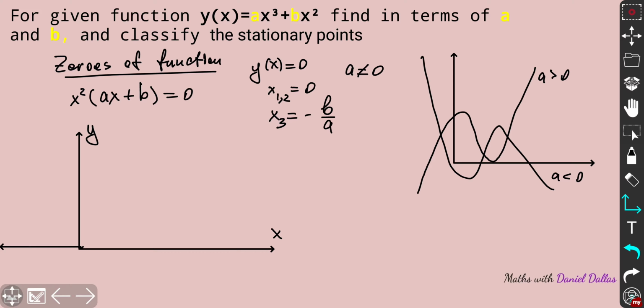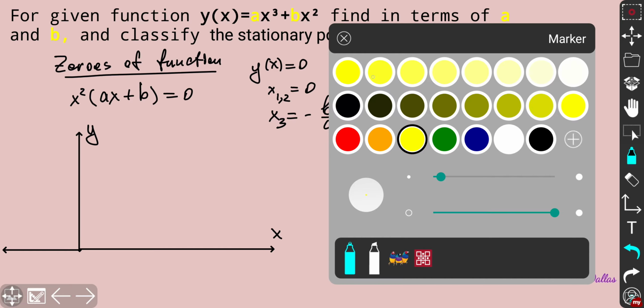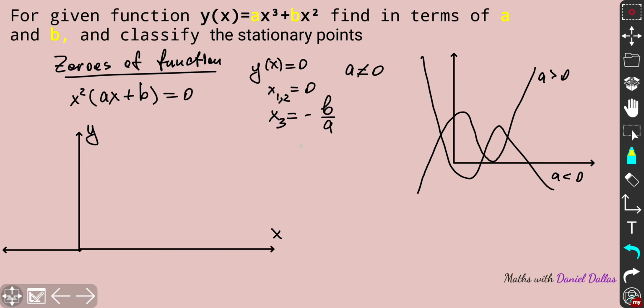What we're going to do right now is try to plot the general polynomial depending on sign. Indeed, if a is more than 0, the sign for x3 is of course going to depend on b as well. But what about x1 and x2 equal to 0? That's actually 2 solutions, but still 1 point.